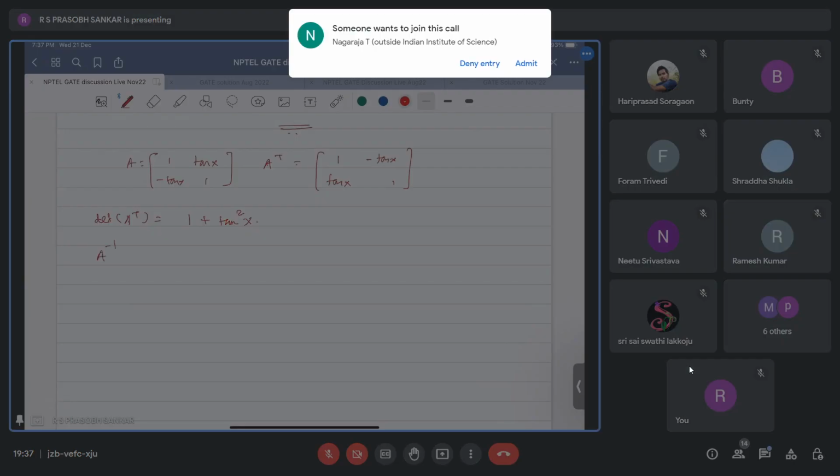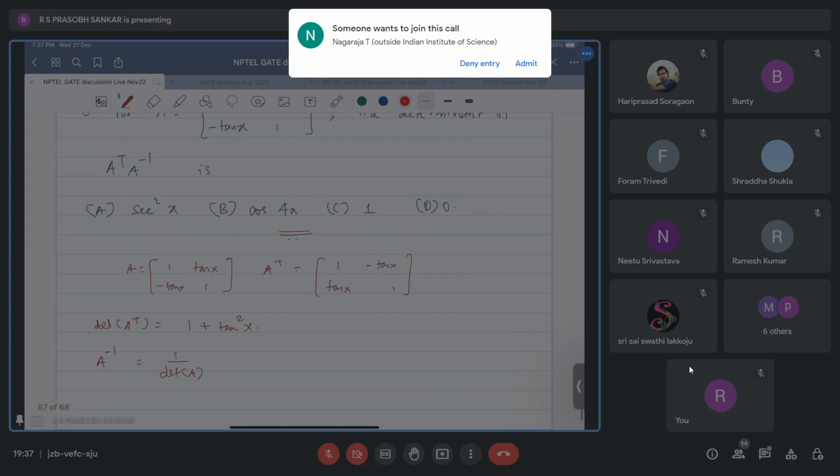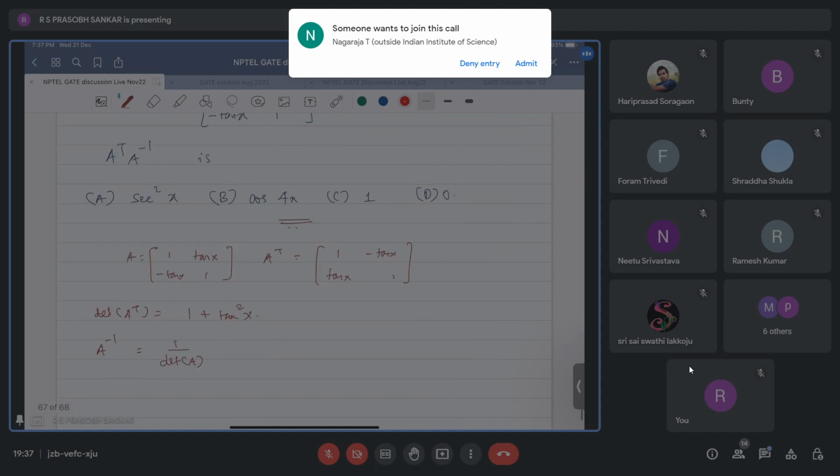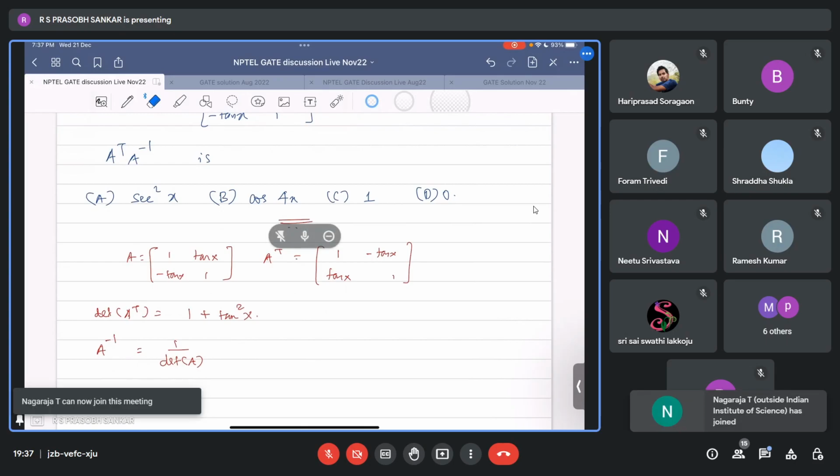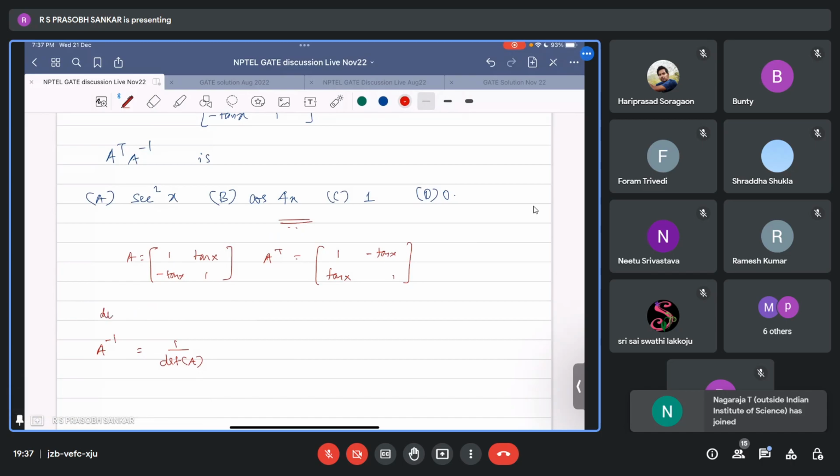What I want is the determinant of A inverse.